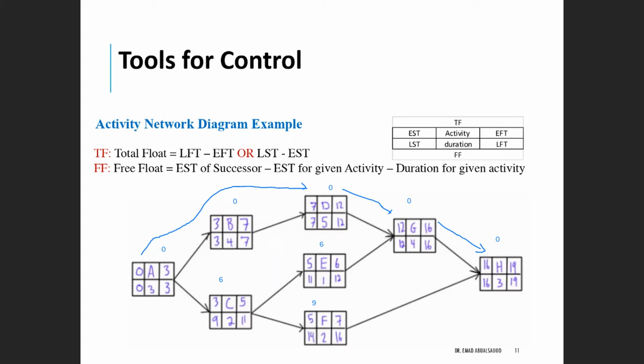Whereas in these activities here, C, E, F, there is room to work with. You have a room of 6 days in this case. If you have completed the task earlier than the given duration, you have even more.